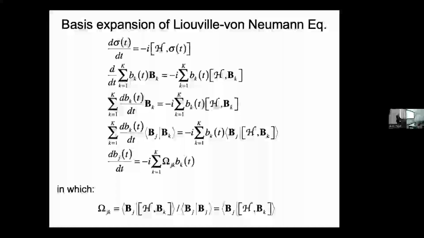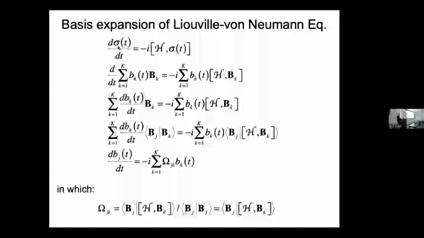So then, just to finish up for today, what does this mean for the Liouville-von Neumann equation? So here, coming back, is the Liouville-von Neumann equation. And now what I want to do is substitute in for the density operator its expansion in the basis.